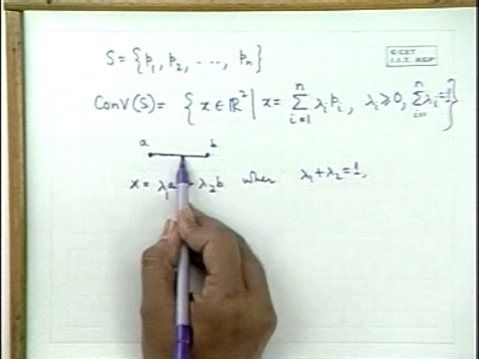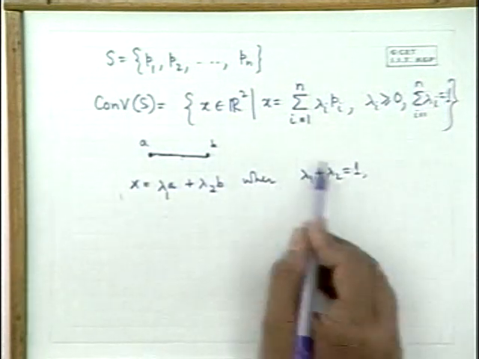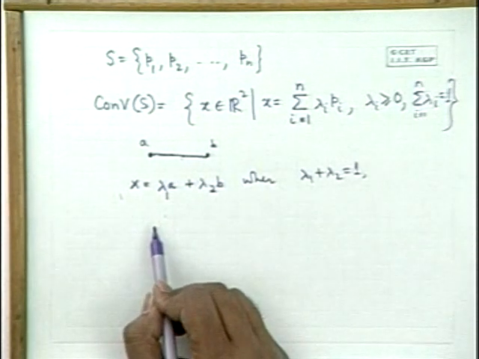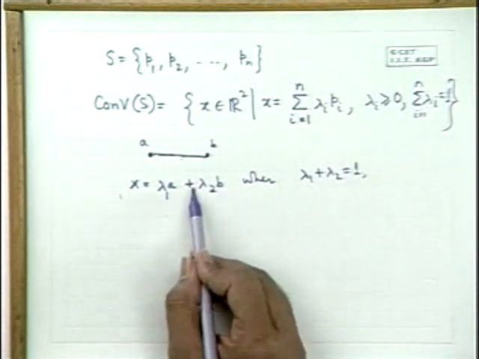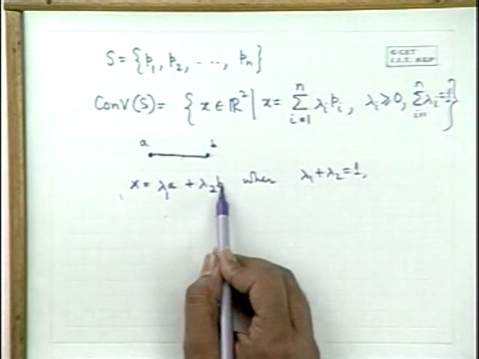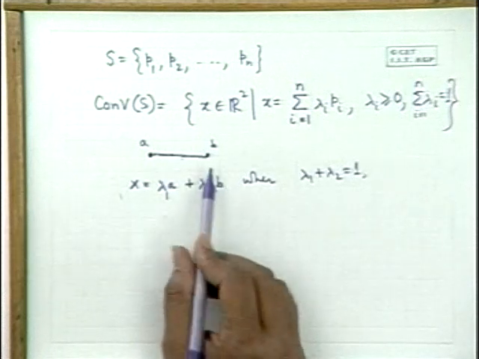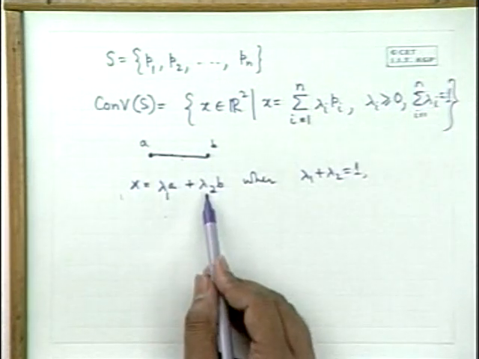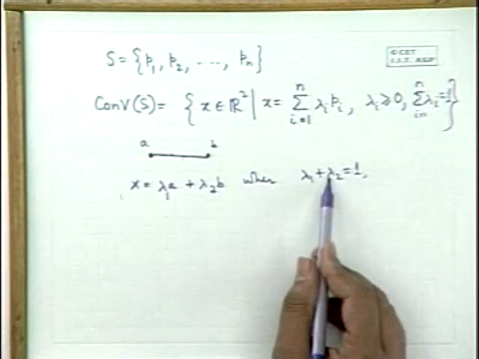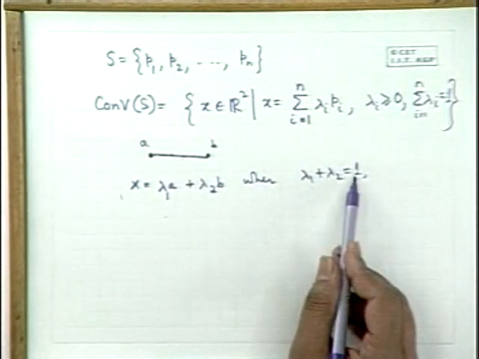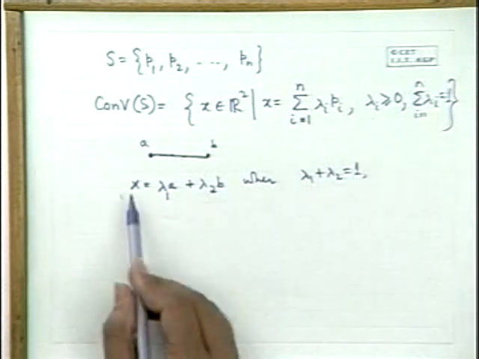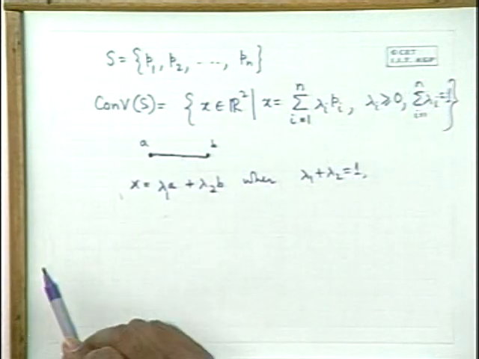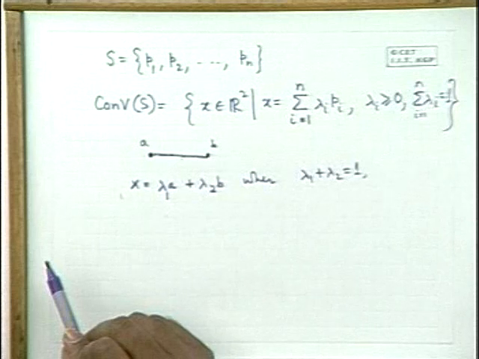Each point inside AB you can express like this. You have seen this form, lambda A plus 1 minus lambda B. Vary lambda and you will get all the points, but here lambda 2 is nothing but 1 minus lambda 1. So the convex combination of 2 points is nothing but the segment joining these 2 points.